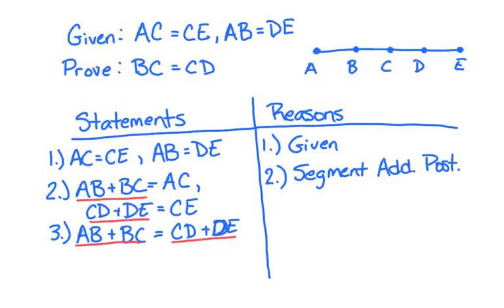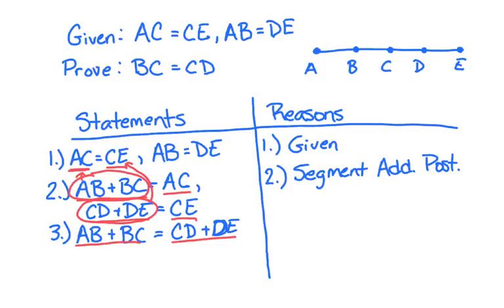And that is true because look what it equals. AB plus BC equals AC, which is right here. And then CD plus DE equals CE, which is right here. What's happening is they're taking this right here and substituting it in for AC. Same goes for this statement right here. They're taking that and substituting it in for CE.